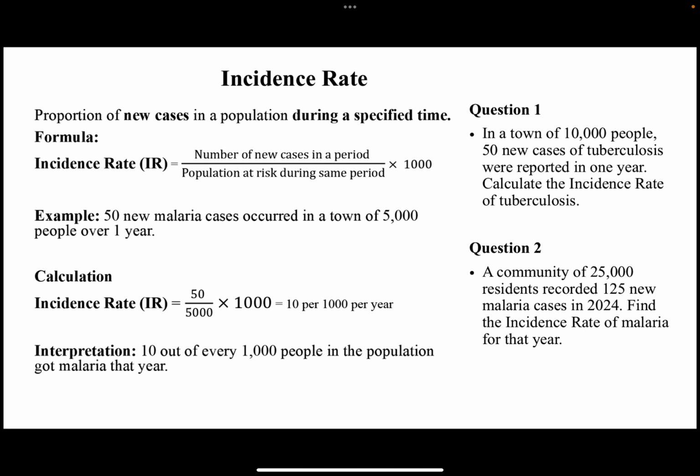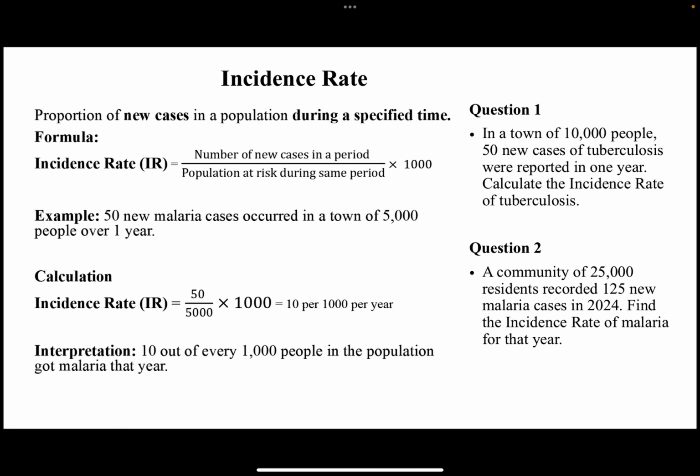The formula for incidence rate is the number of new cases in a period over the population at risk during the same period, then you multiply by 1,000.